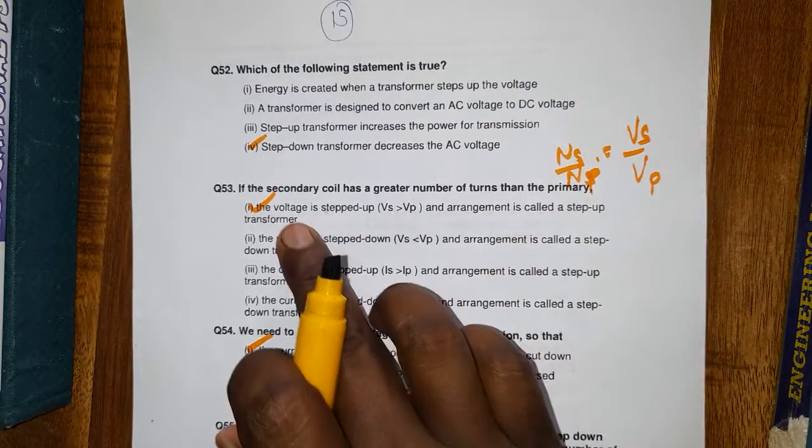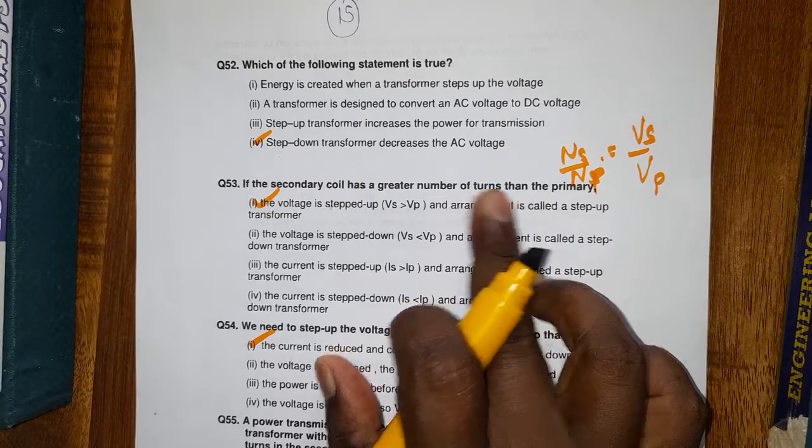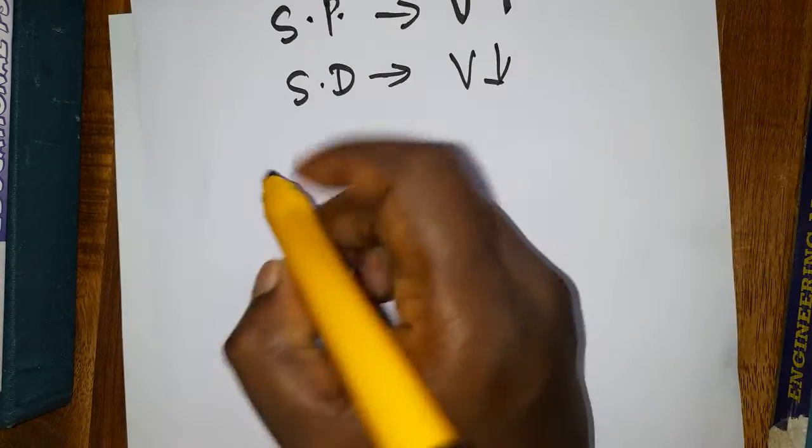The next one: the secondary coil has a greater number of turns than the primary coil. Out of these, which statement is correct? First, you need to understand the ratio formula for the transformer.